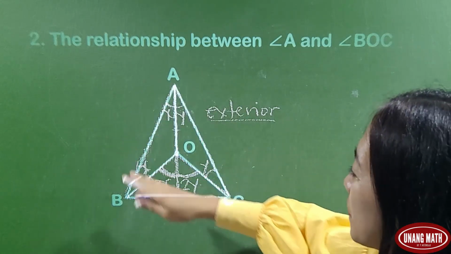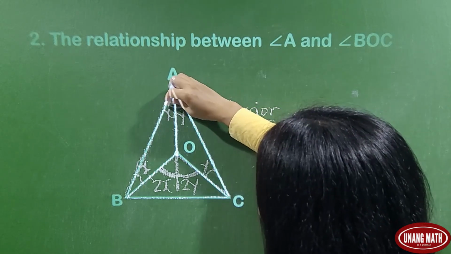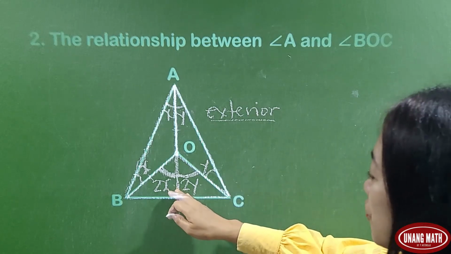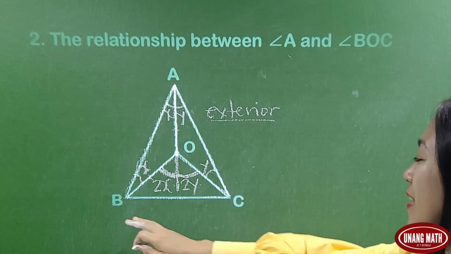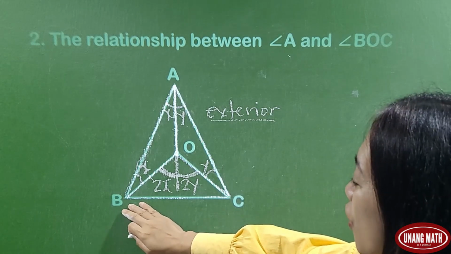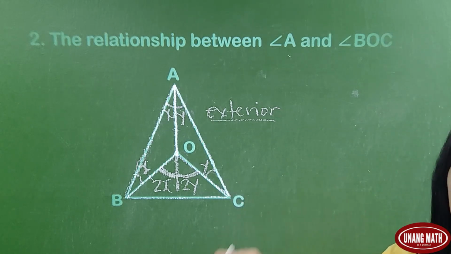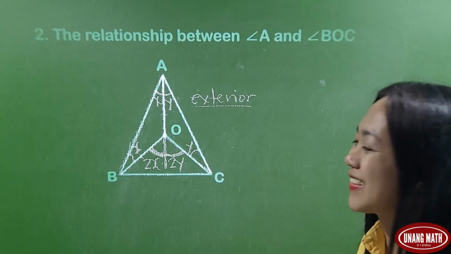In this explanation, we can say that the measure of angle A is half the measure of angle BOC, or we can say that the measure of angle BOC is 2 times, or twice, the measure of angle A.